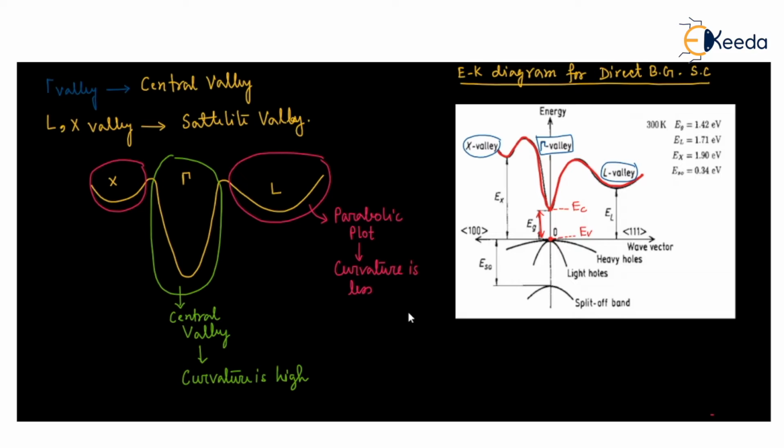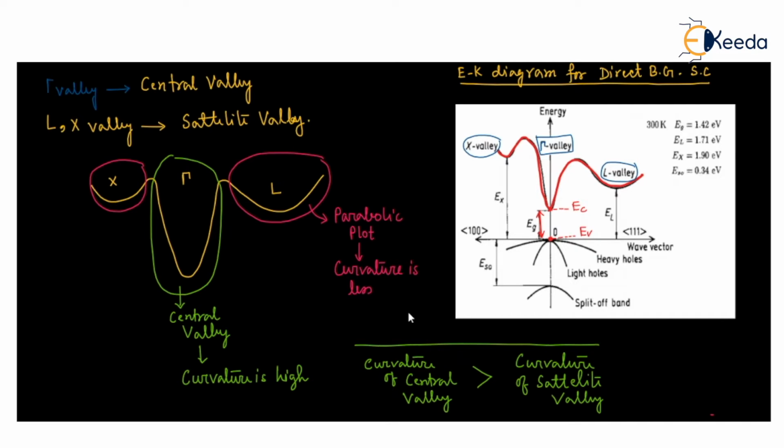So the most important conclusion we can draw here is that the curvature of the central valley is greater than the curvature of the satellite valleys. This is the most important conclusion that we have to note from this practical E-K diagram.